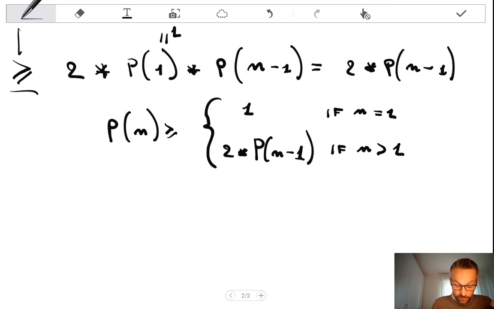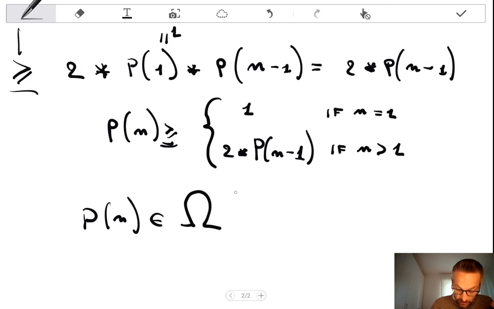So because of this inequality, I can say that Pn belongs to big omega of 2^n.